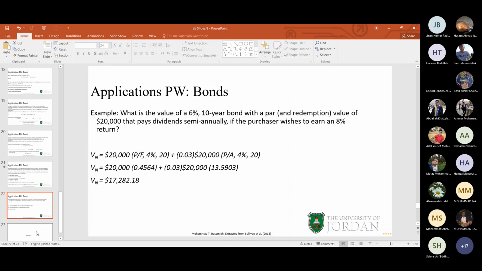All right. Let's solve another example. What is the value of a 6% 10-year bond with a par or redemption value of $20,000 that pays dividends semi-annually? That means when I buy the bond, I will receive my payments semi-annually, every half year I will have a payment.